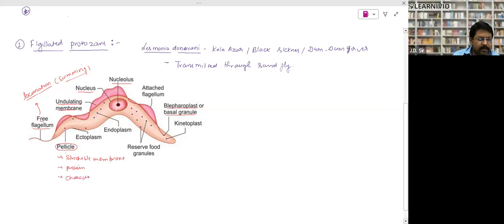Come on, guys, I have already told you. It is characteristic of animal cells, meaning the pellicle will be found only in animal cells, not in plant, fungi, or bacterial cells. Clear? So this is an example of flagellated protozoa, right? Now, what are the characteristics of flagellated protozoa? Let me write them down one by one.